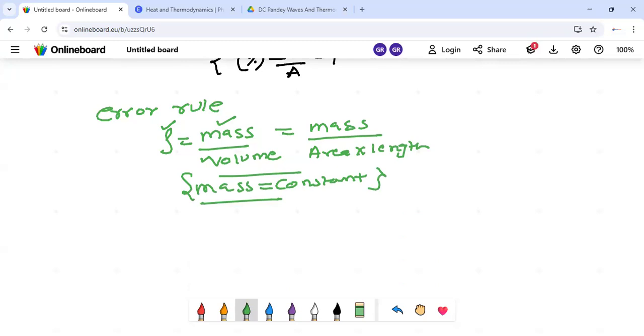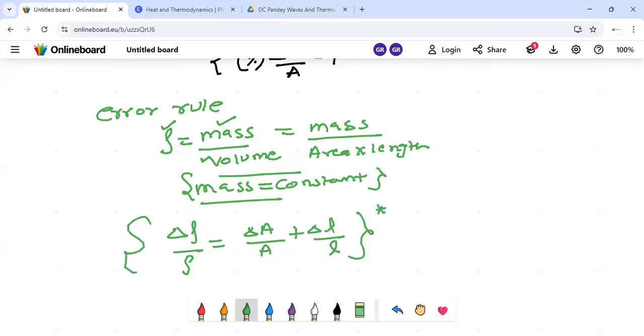Now, can I say that change in density is only depending on change in area or error of area or error of length? Is this point clear to all of you? Please let me know. Because mass is constant, there is no change in mass. So there is only an error in area and an error in length.